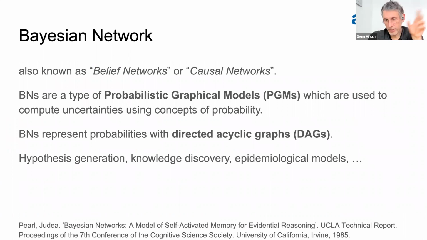Now we have this question of the interactions between the different factors, and we asked what is a way to capture that and how can we learn it? What you can use are so-called Bayesian networks, or belief networks, causal networks. They're probabilistic graphical networks, usually directed acyclic graphs, so you shouldn't have any closed circles in there. They've been known since the 80s, and you can use them quite well for knowledge generation.